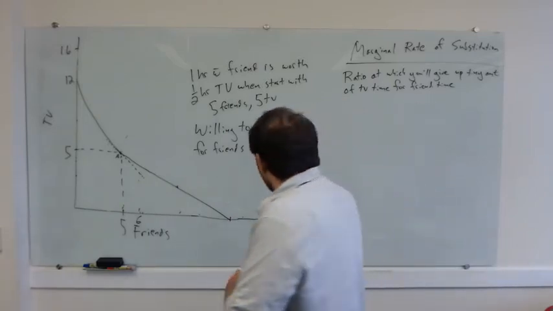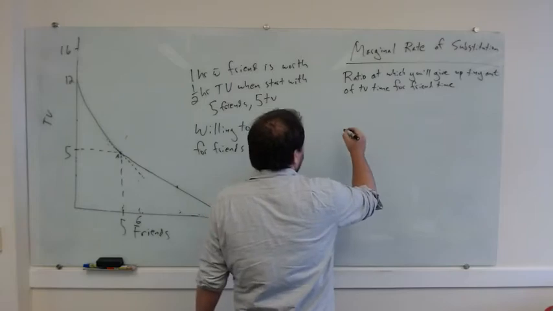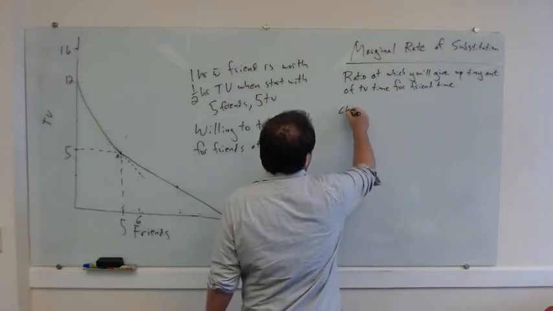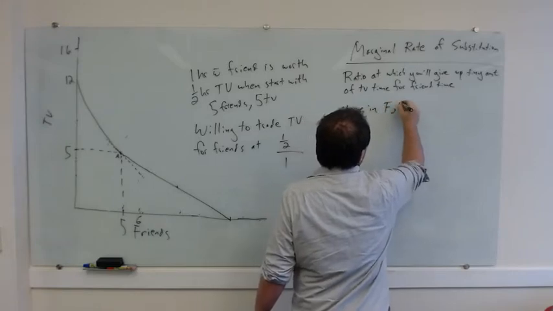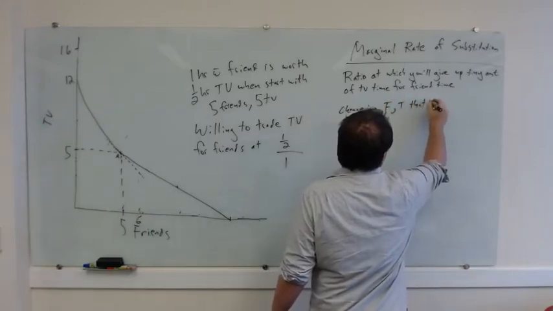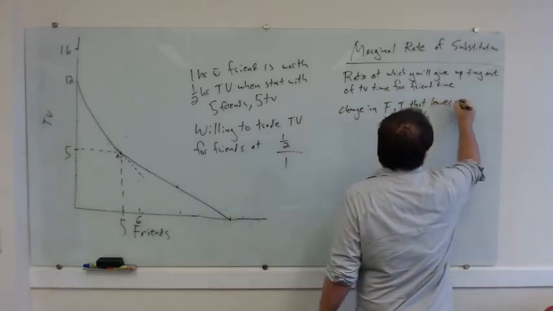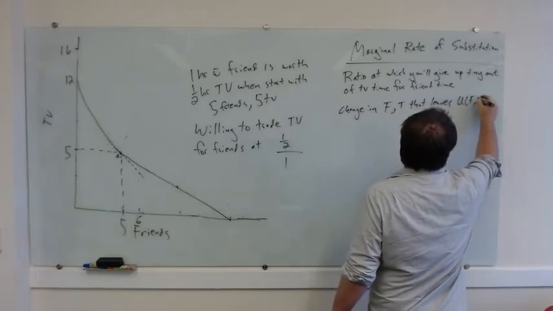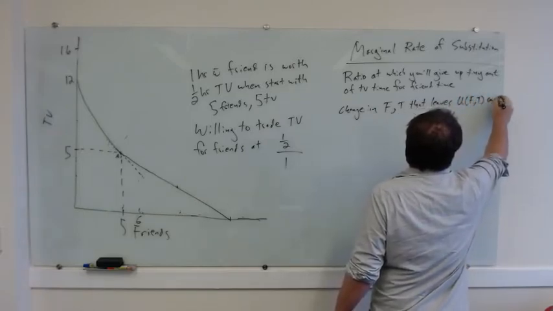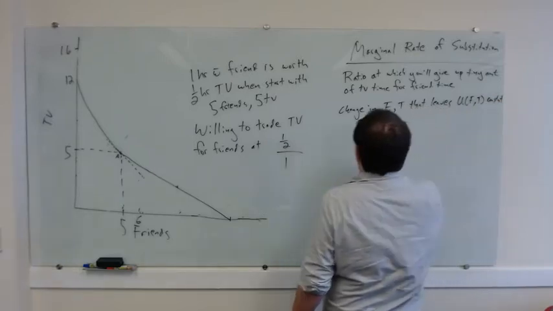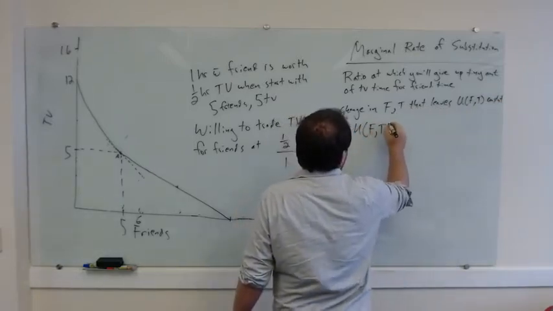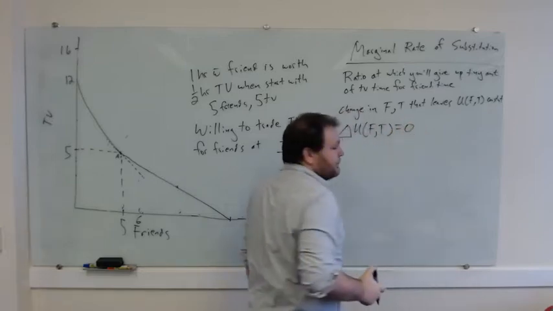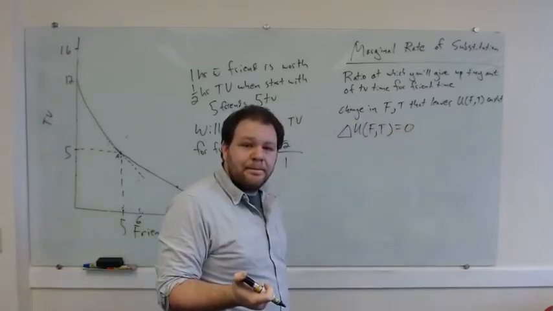So the basic rule is we need a change in friend time and TV time that leaves U of F and T constant. So we're going to say the change in U of F and T has to equal 0.